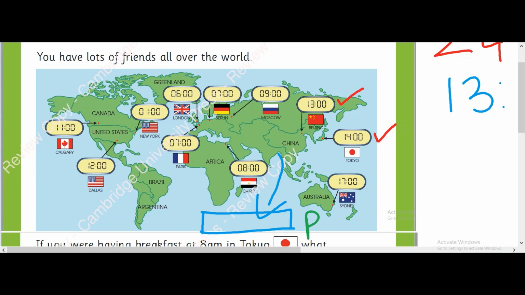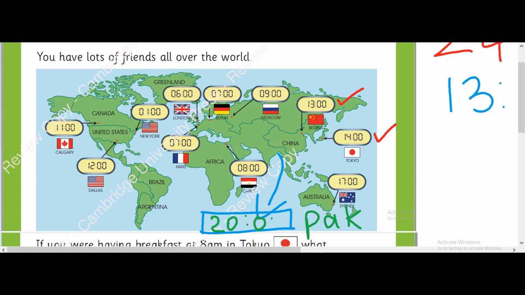What will be the time in Pakistan? If the time in Canada is 11 o'clock, what will be the time in Pakistan? We know that Pakistan is 9 hours ahead. So if the time in Canada is 11 o'clock, the time in Pakistan would be 20 o'clock.